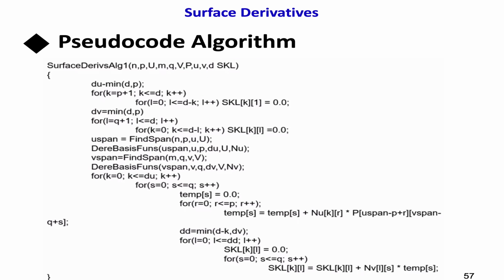This is the pseudocode algorithm to get the surface derivatives, where in the first lines we compute du and dv, and then the last for loop calculates the actual surface derivatives. The function takes the input n, p, U, m, q, V, P, u, v, d, and SKL.